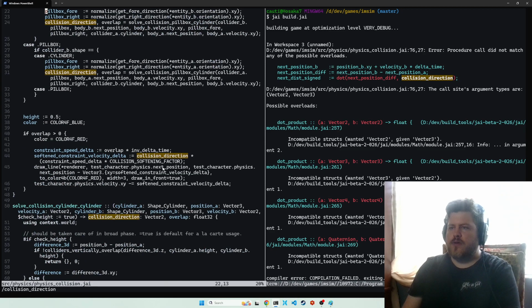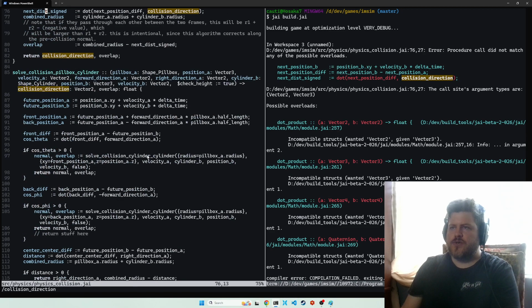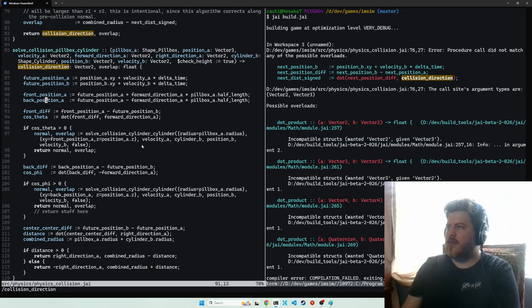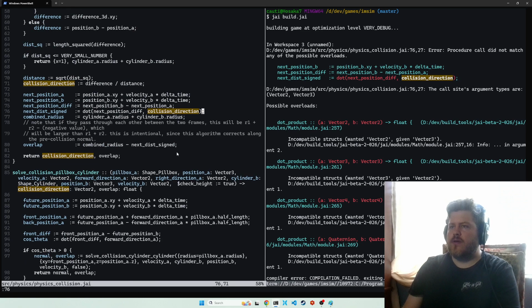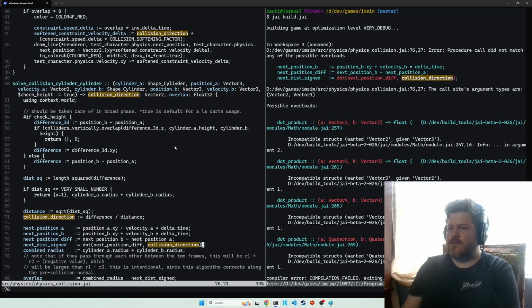I'm getting it as a vector 3, which is not right. Wait, what? I didn't even change anything about this procedure and it's not compiling. Oh, I see.